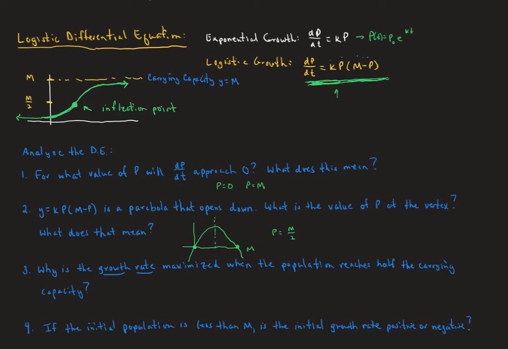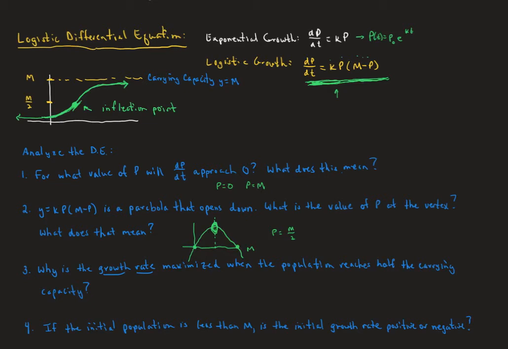So the maximum value in a derivative graph corresponds to an inflection point in the original function. That's when that population growth is going to be its steepest, its fastest.